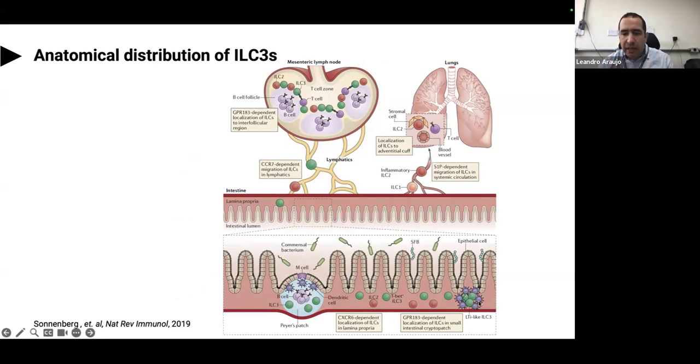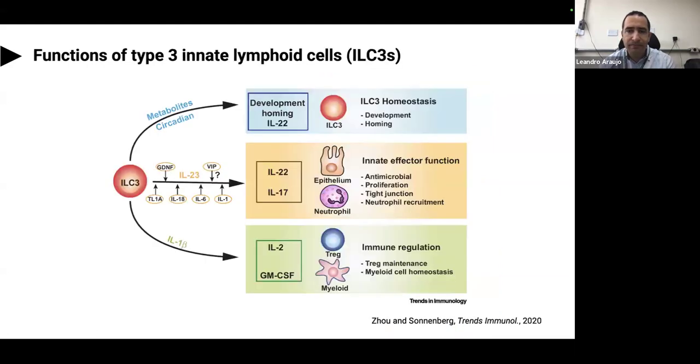In the large intestine we have structures called cryptopatches that are important too. Basically they are at the interface in the gut. They are important not just for pathogens, but to keep the commensals controlled too.